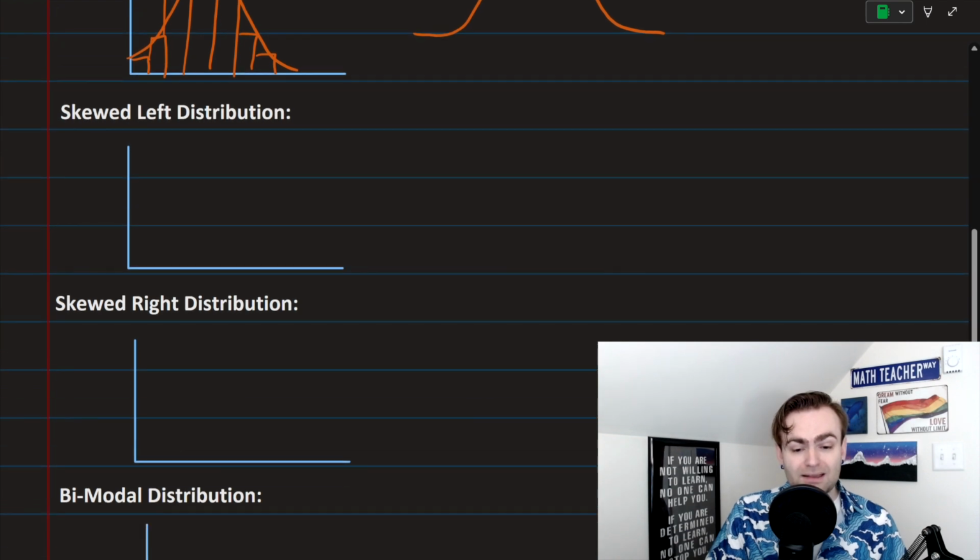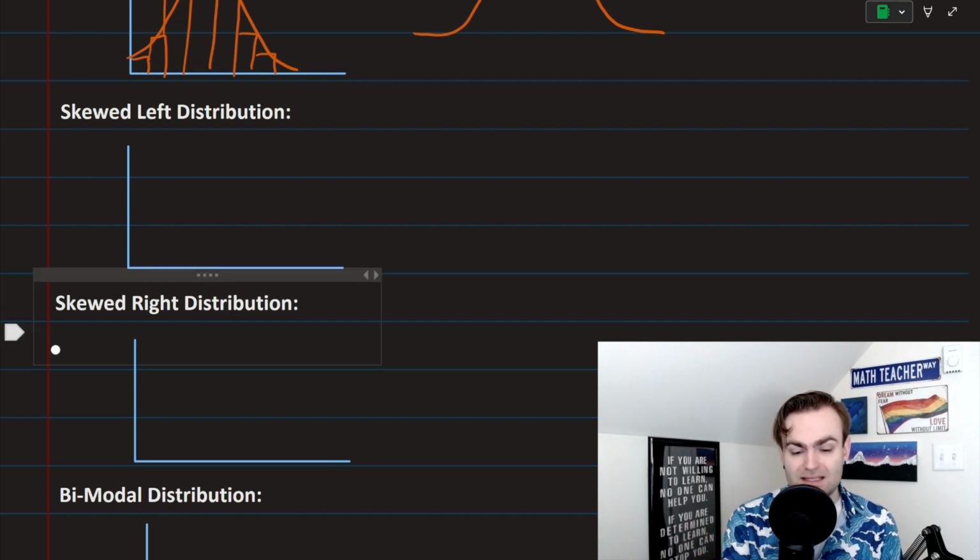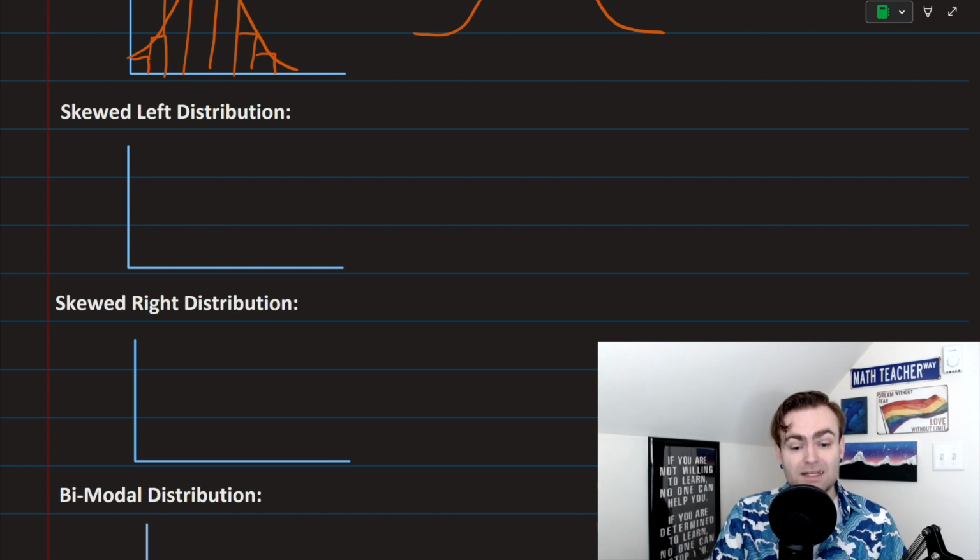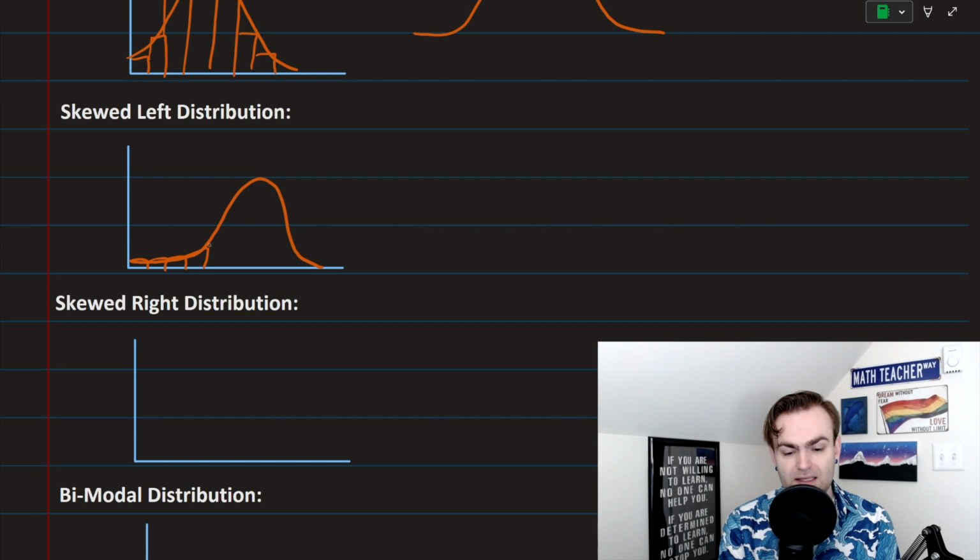A skewed left distribution means that we have a tail, we have outliers on the left. What that means is that the bulk of our data is on the right. So, not quite a bell curve. We have some data sets over here getting into a sort of bell, but not completely symmetrical.